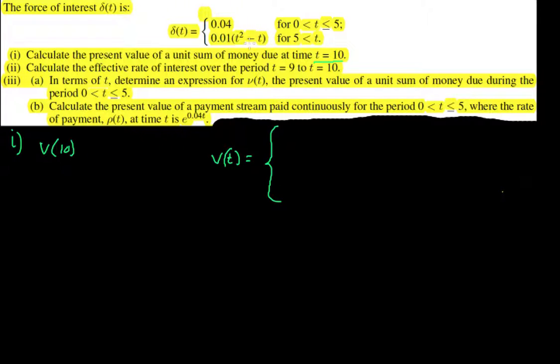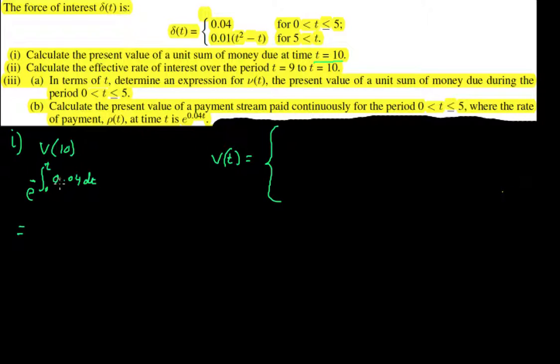So what are we doing? Well, this bit over here, I'll first just try to work it out like over here. So let's see, we've got to find e to the negative integral between time 0 and time t of 0.04 dt. Over there, it should really be ds, but that's fine.